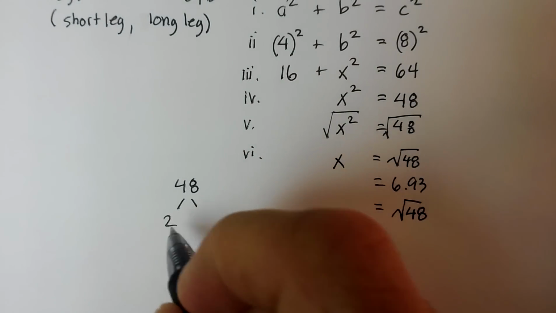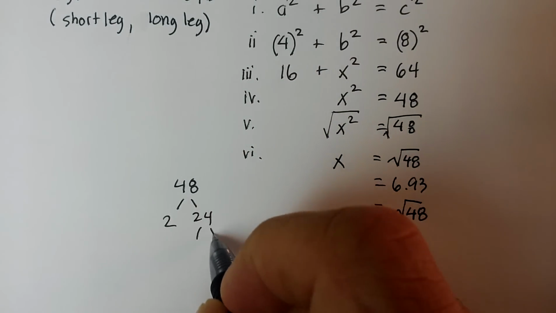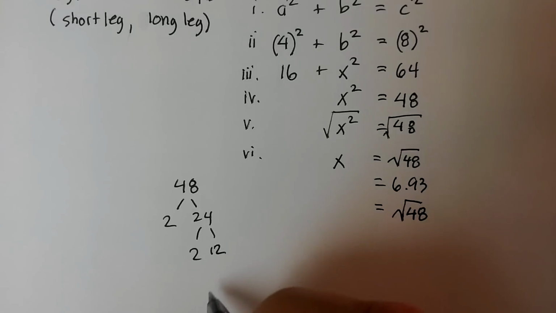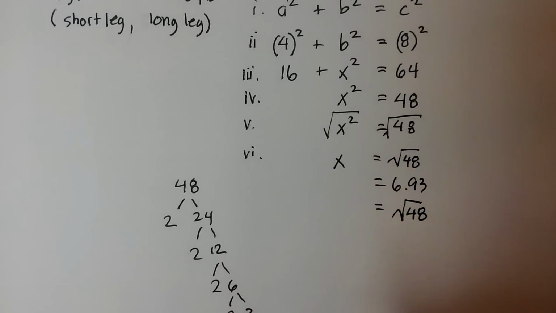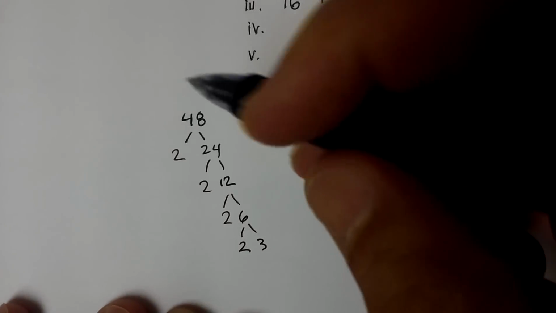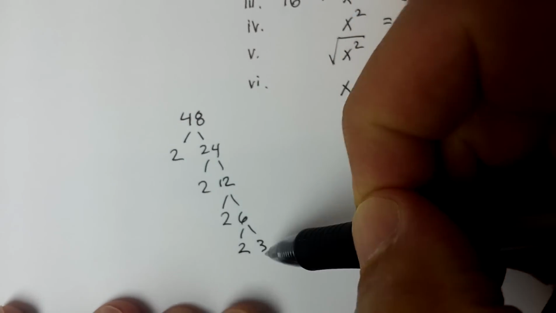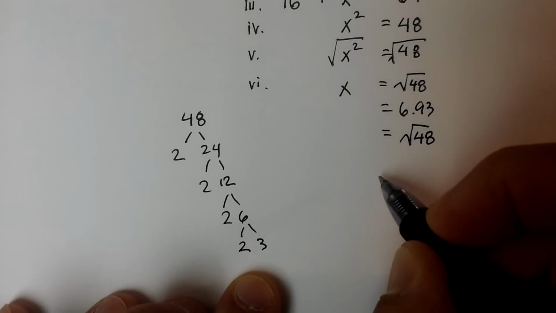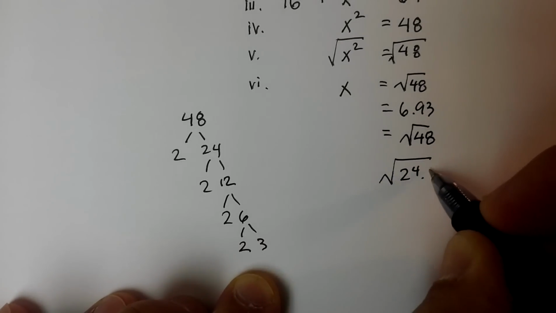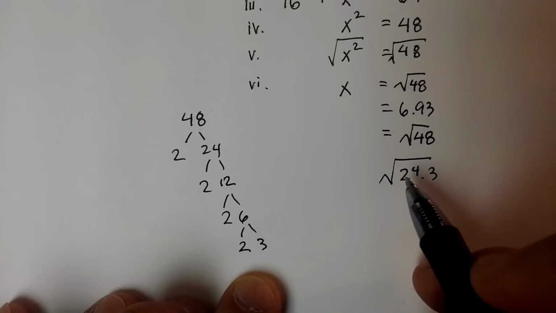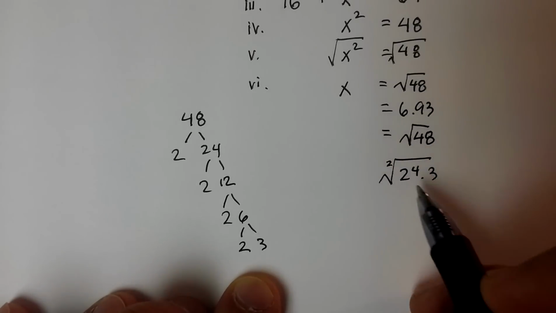That would be what? 2 times 24, 2 times 12, 2 times 6, 2 times 3. So I've got 1, 2, 3, 4, 2 to the 4th, times 3. Now, remember this is a square root of 2 to the 4th times 3.